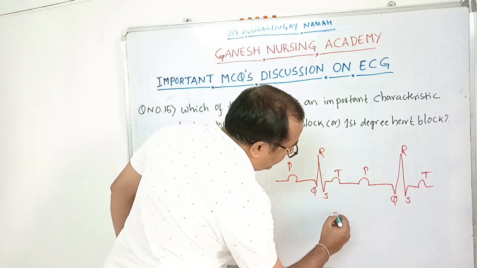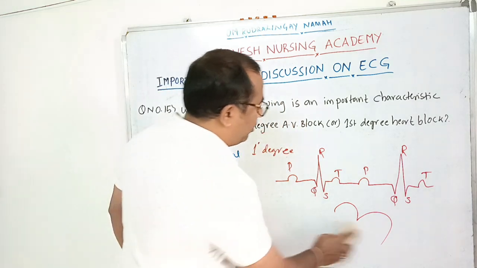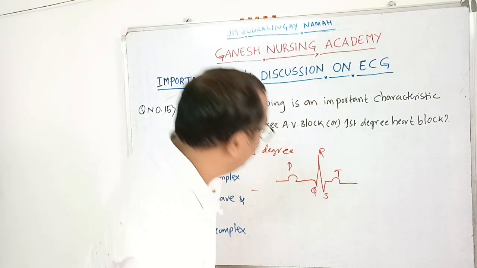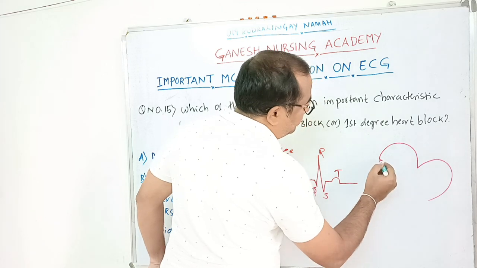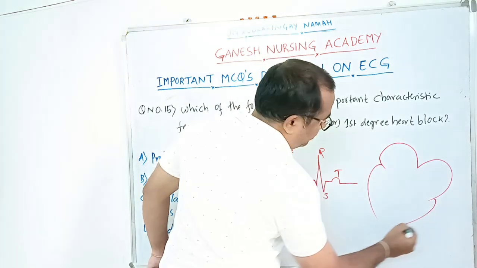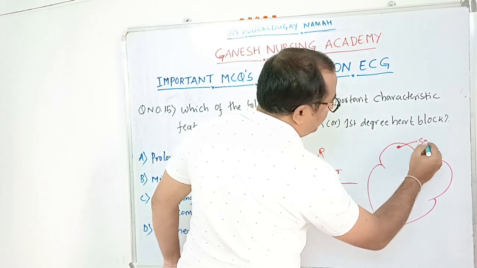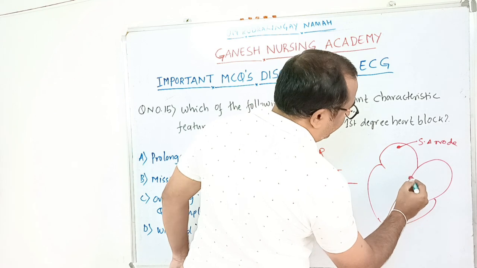It is because, what happens here? This is a heart, and here we have the SA node, and here we have the AV node.